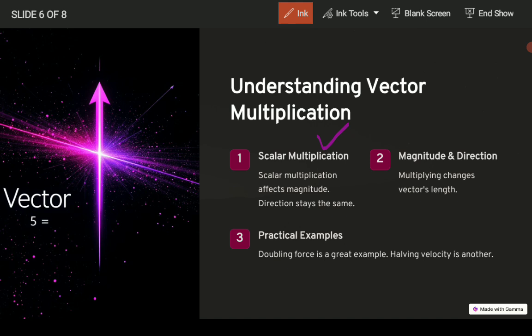Or doubling a force: you push a body with a certain force, and then you increase the force so that the force is double the size of the original. Then that is also going to change the magnitude of the force. So doubling a force is another example, and also reducing velocity is yet a beautiful example. So vectors can be multiplied by numbers in order to simply change their magnitudes.